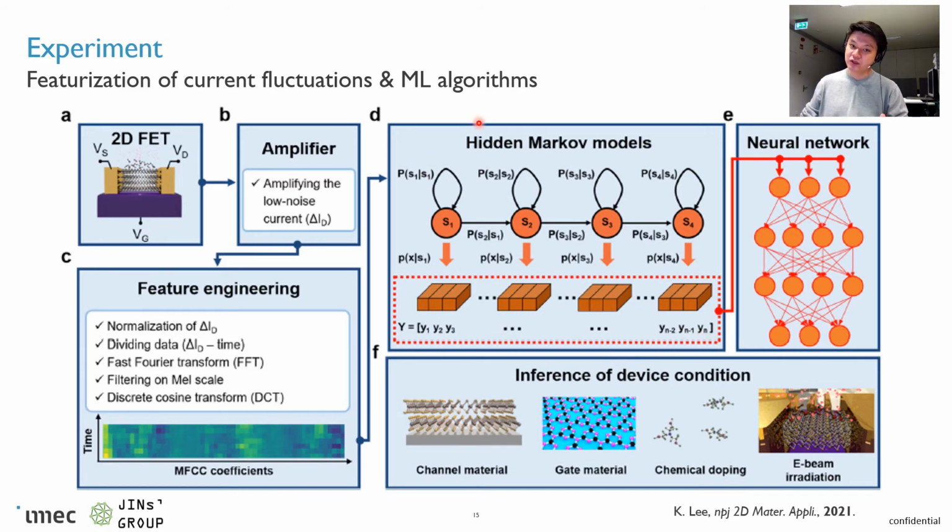First, we use only the hidden Markov model for the score, and then we trained once more from the Y vector, the score vector, into the neural network models, and then we obtained the inferred device conditions.